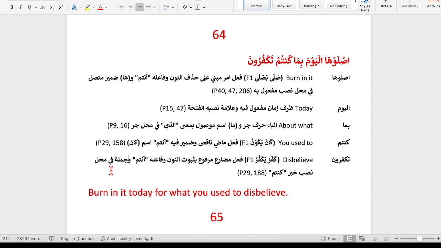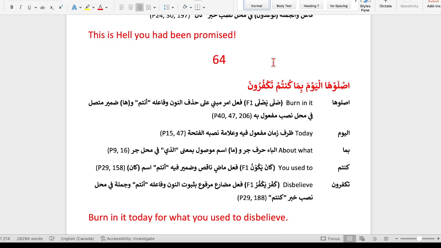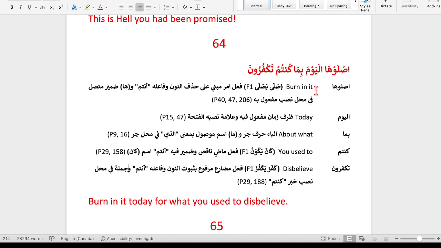Fa'iluhu antum jumla fi mahalli nasbin khabar kuntum. So then this jumla is for khabar for kuntum, because this is ismu kana and khabru kana, same description as you see for tu'aduna, you disbelieve. So it is sala yasla, to burn. So burn in it today, about what you used to disbelieve. So because you used to disbelieve, now you burn in it, in the hell.